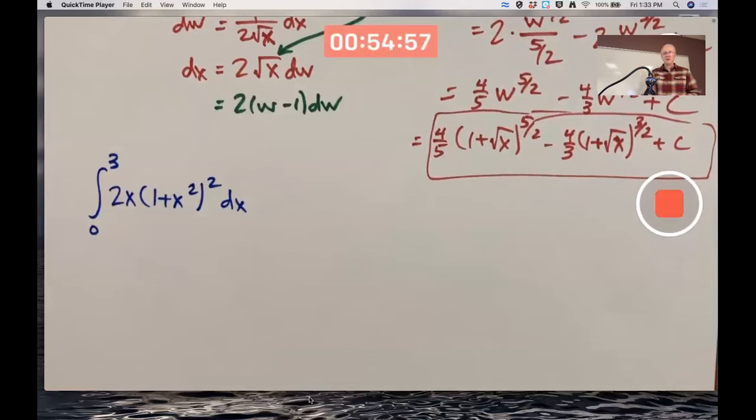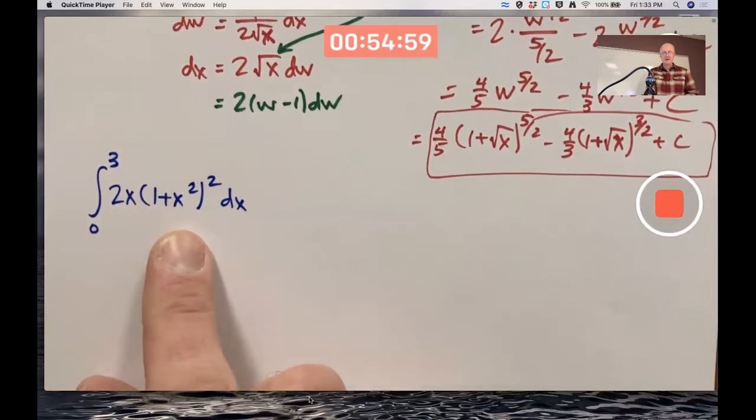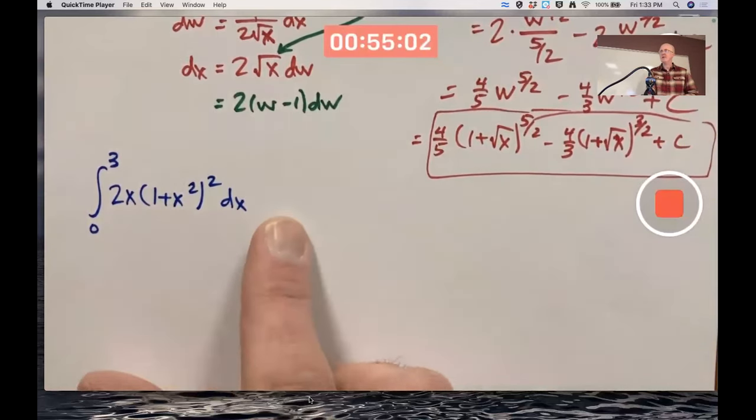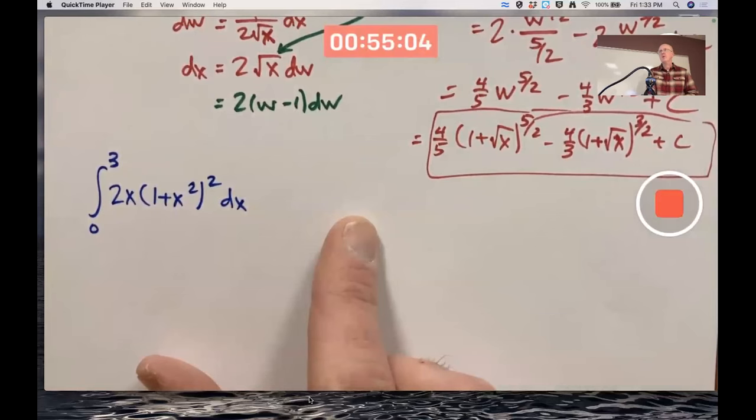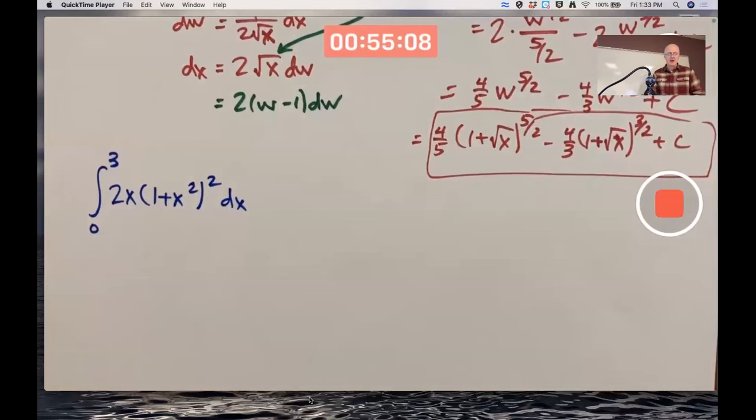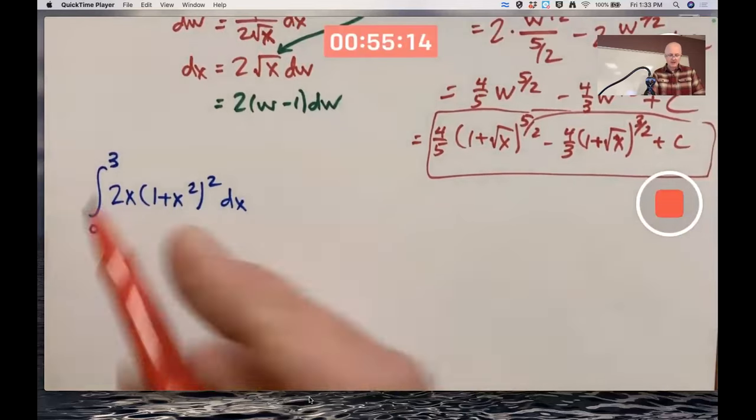What I want you to do for Monday's assignment is, instead of writing down your antiderivative first, which you could do by just guessing even, I want you to find the antiderivative using substitution on a separate line.